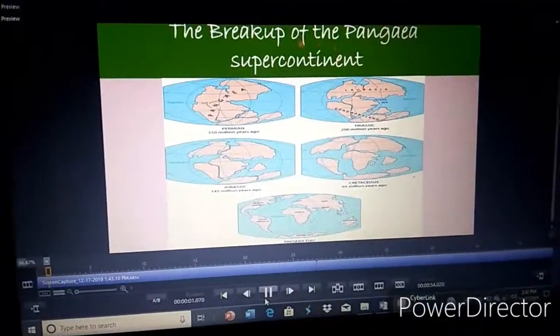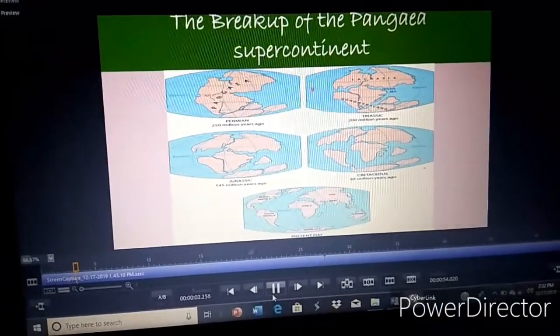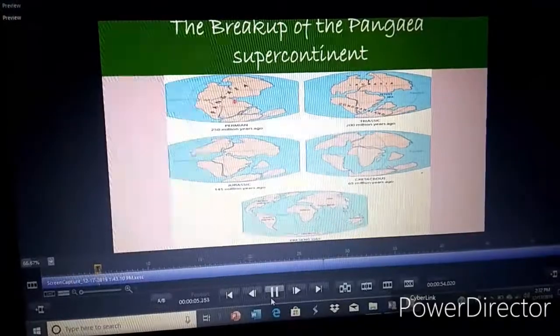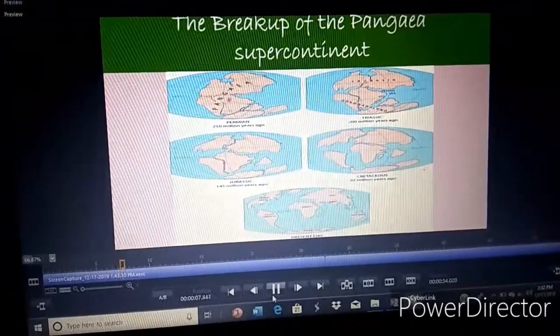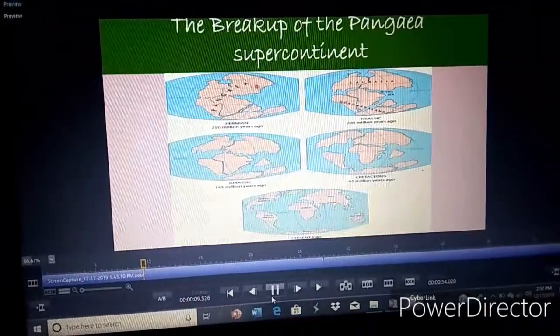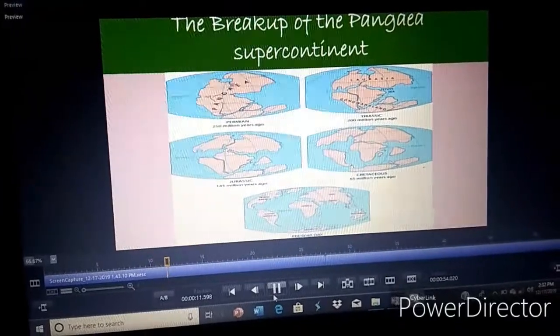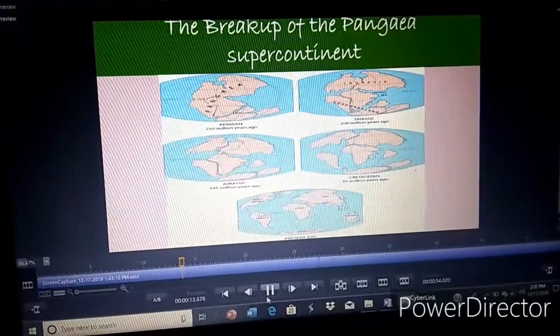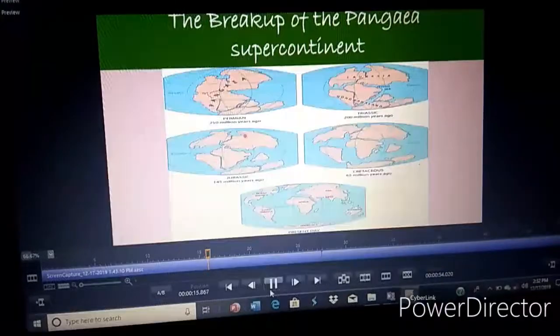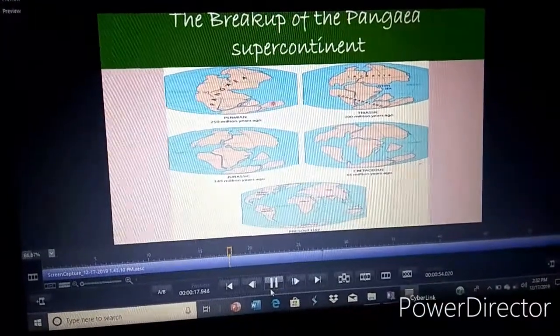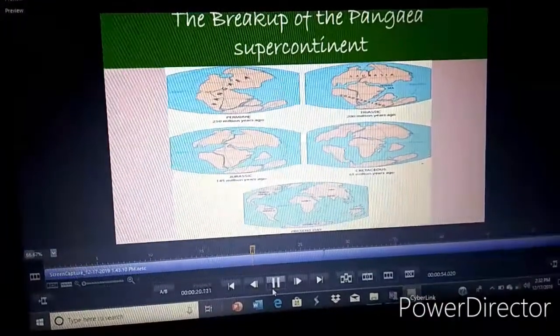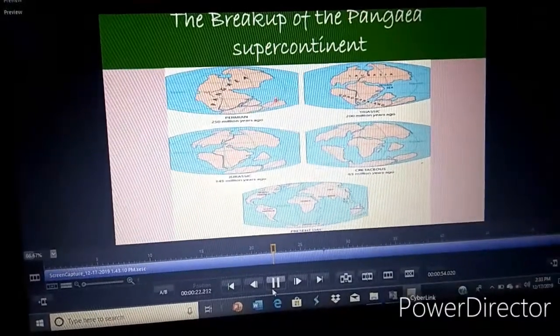This is the image of how Pangaea broke up. In the Permian period, 250 million years ago, Pangaea was one massive supercontinent. There were no 7 continents, as you can see, or rather all 7 continents were connected at that time.